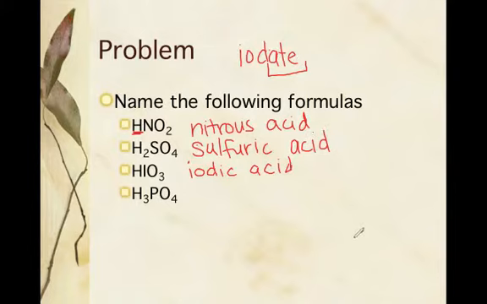Yes, for all of these, hydrogen is your cation. If it were NaNO2, then we would name it like we normally would, and it would be just sodium nitrite. But when hydrogen is your cation, it's an acid, so then we have these special rules.